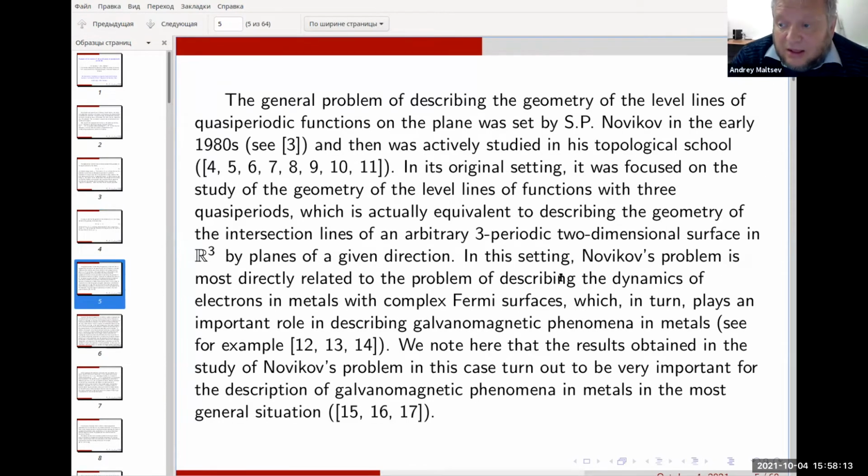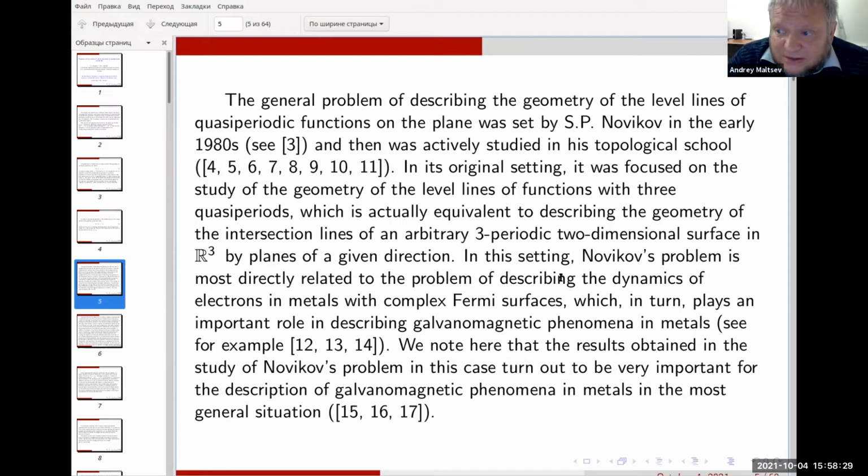This problem, describing the geometry of the level lines of quasi-periodic functions, is very interesting. It was set by Novikov, and after that it was studied very actively in his topological school.